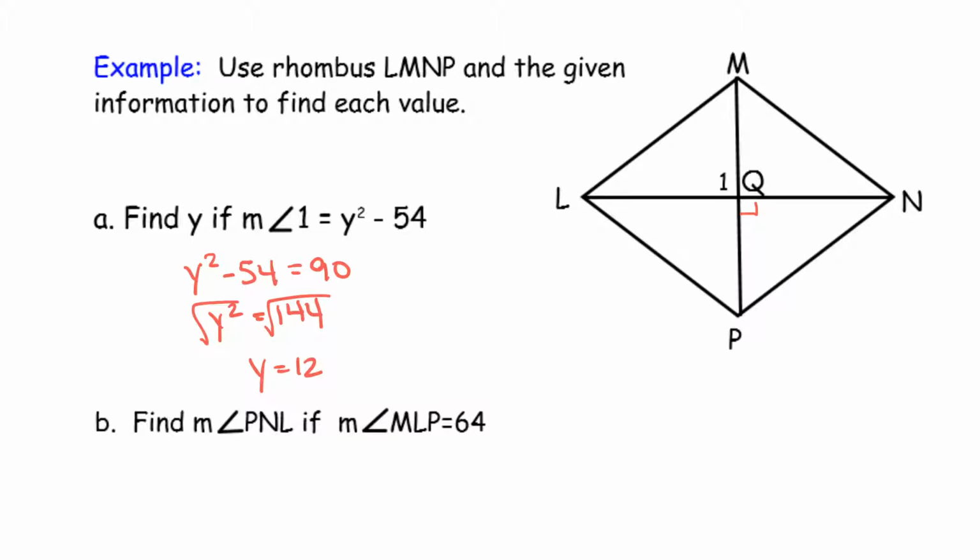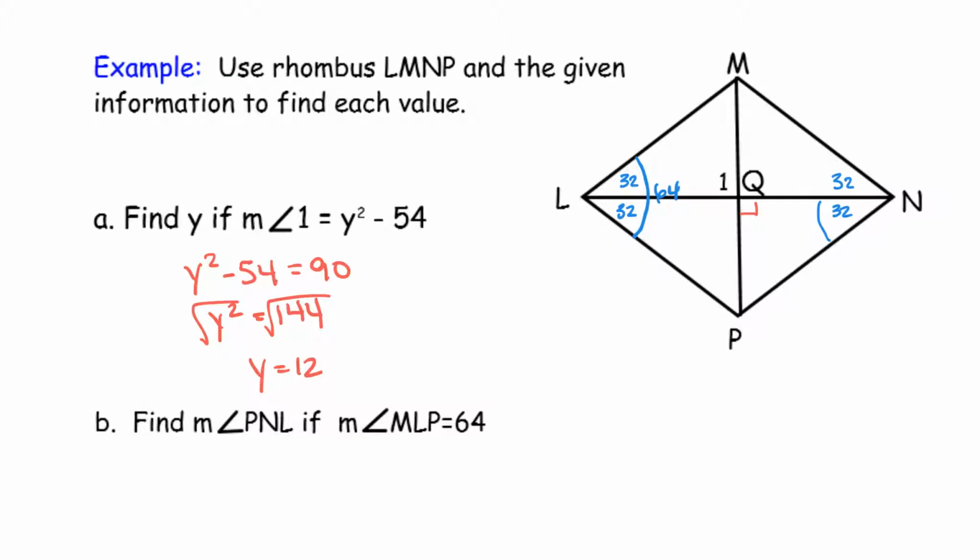The next problem says find the measure of angle PNL. I'm looking for this angle right here. If angle MLP, this whole large angle here, is 64, remember, if this is a rhombus, then the diagonals are bisecting those angles. So each of these smaller angles at L are going to be 32, and each of these here are going to be 32.